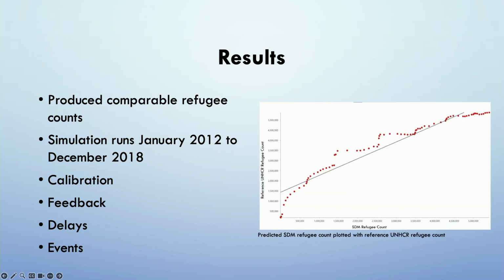When I went back and compared that to the UNHCR numbers, it got to an R squared of approximately 0.92, which was very highly correlated. But there were a couple areas where the model undercounted populations, which I wouldn't have expected.